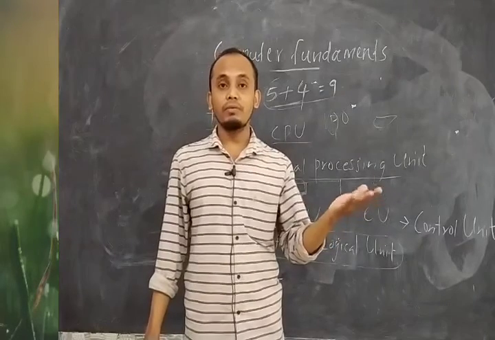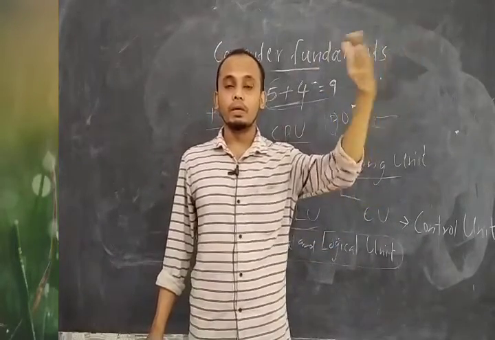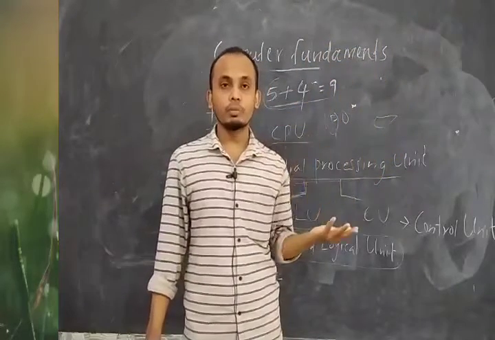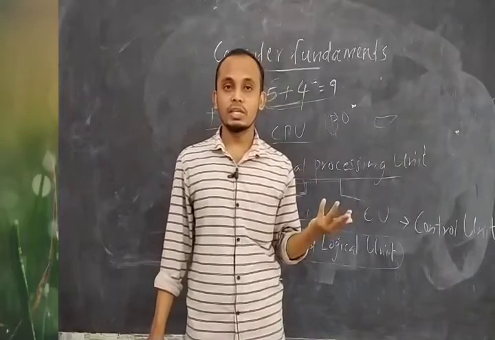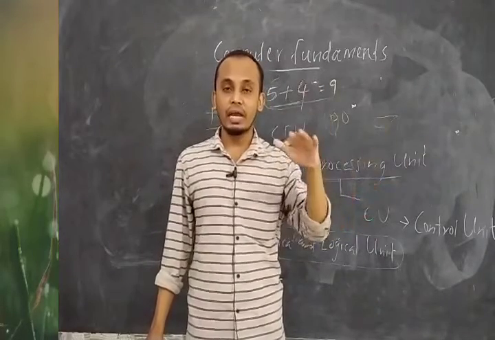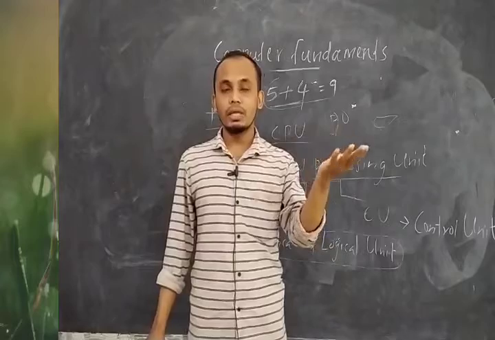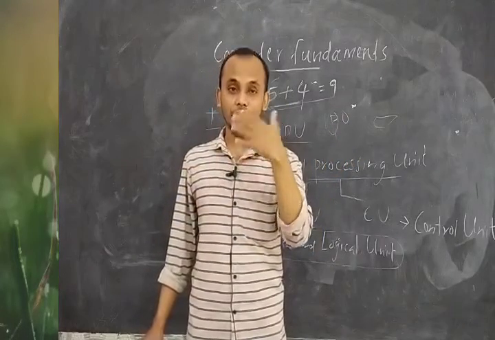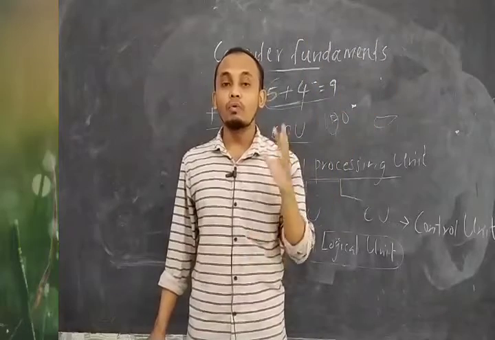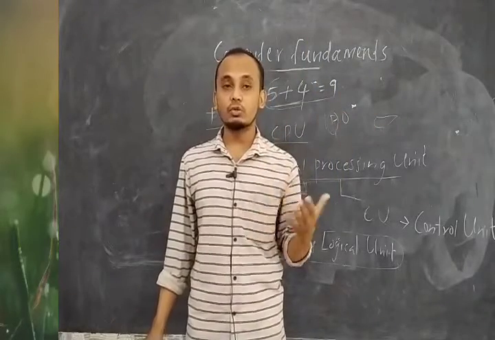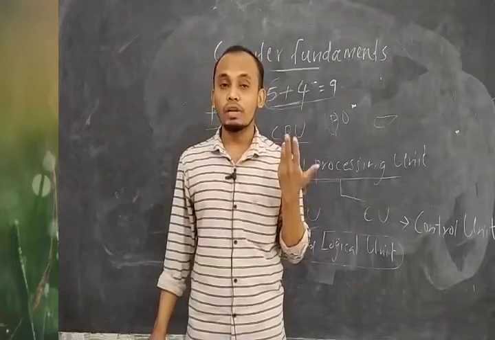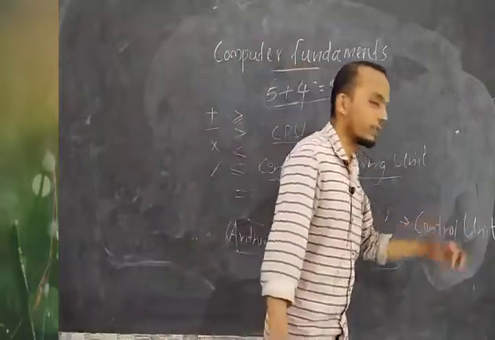Memory will send instructions to ALU for different processing, for different calculations, and after the calculation that result will be sent to memory again. Then memory will give the next instruction for processing. Who will control the execution of all these instructions? This control unit.